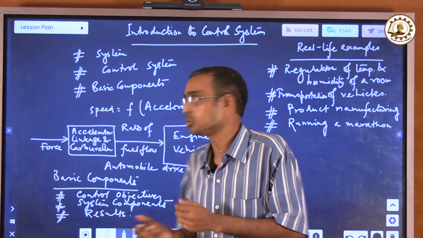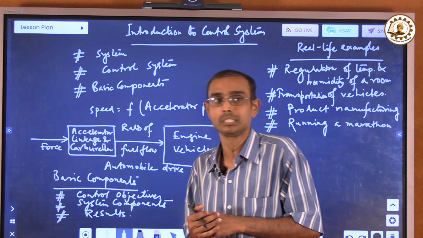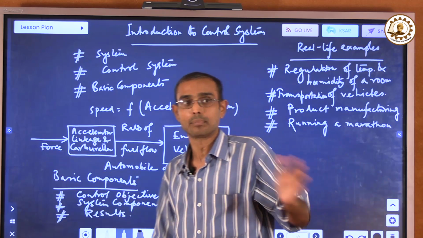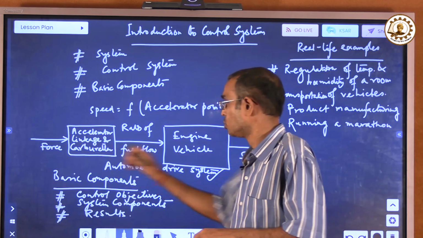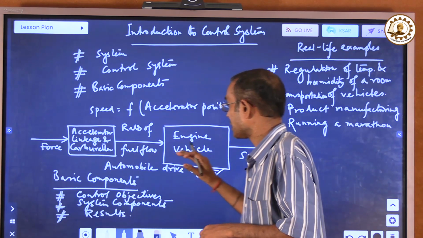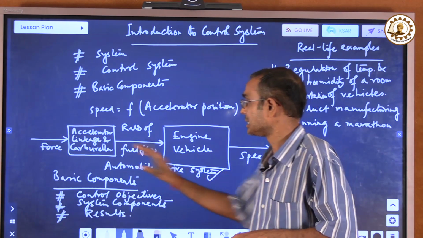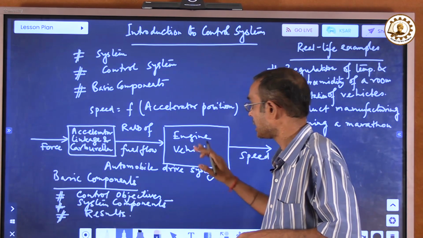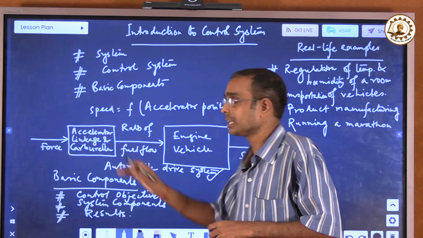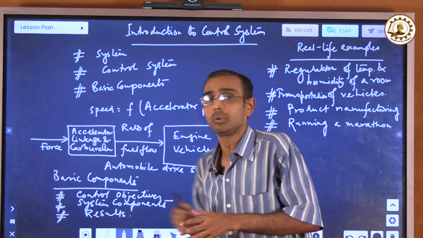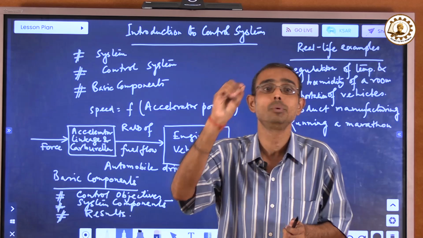This is the actual control process happening in the automobile drive system, where the external force applied by the driver's legs goes into the system, and the two blocks, which are the essential components of the automobile drive system, the accelerator linkage and carburetor and the engine vehicle, are internally connected with a particular signal flow. This signal flow is unidirectional.